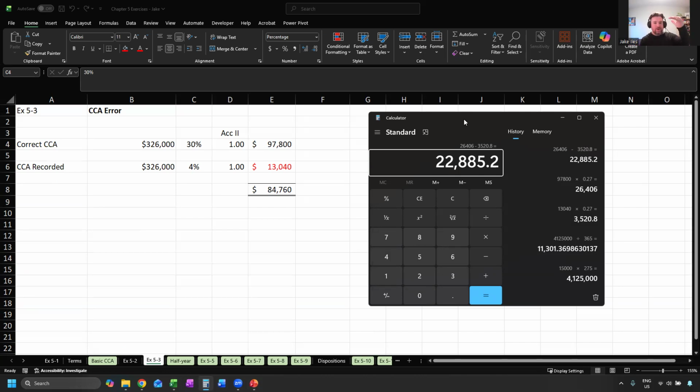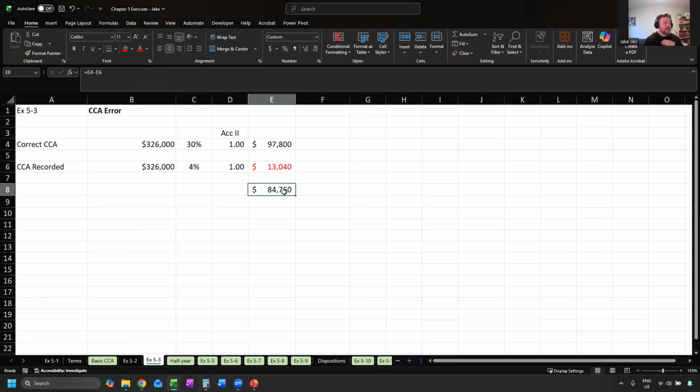We can claim a higher CCA this year, save those taxes, and then as our declining balance goes into the future, we'll pay a bit more because we won't have as big of a CCA claim, but we'll be able to defer this $22,000 in taxes till then. So we could have increased our CCA claim by $84,760. So this is important stuff.